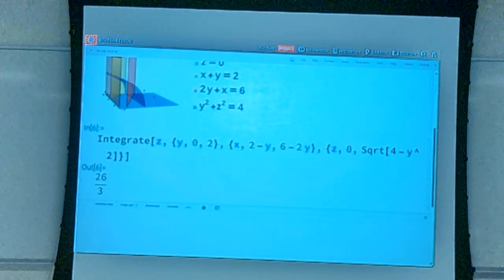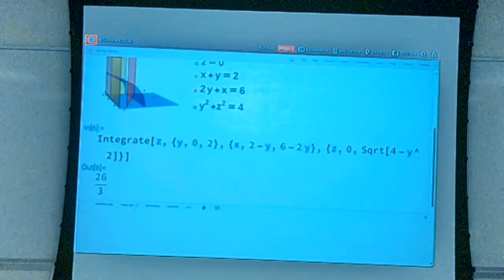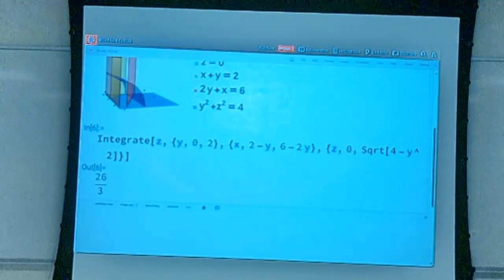So, when you're evaluating, because you're doing dy and dx, and when you get to dx, everything is constant. No, because the integrand would have no x in it at that point, right? Yeah.